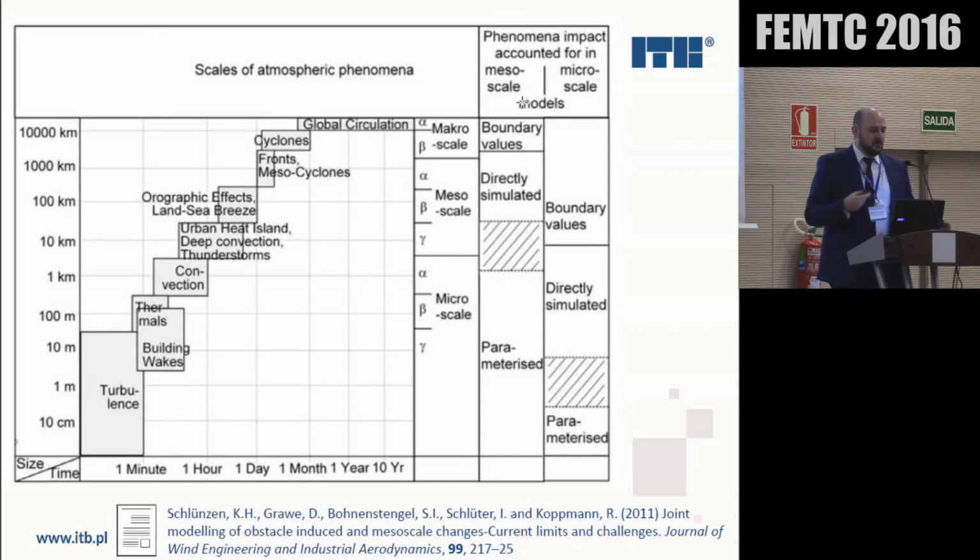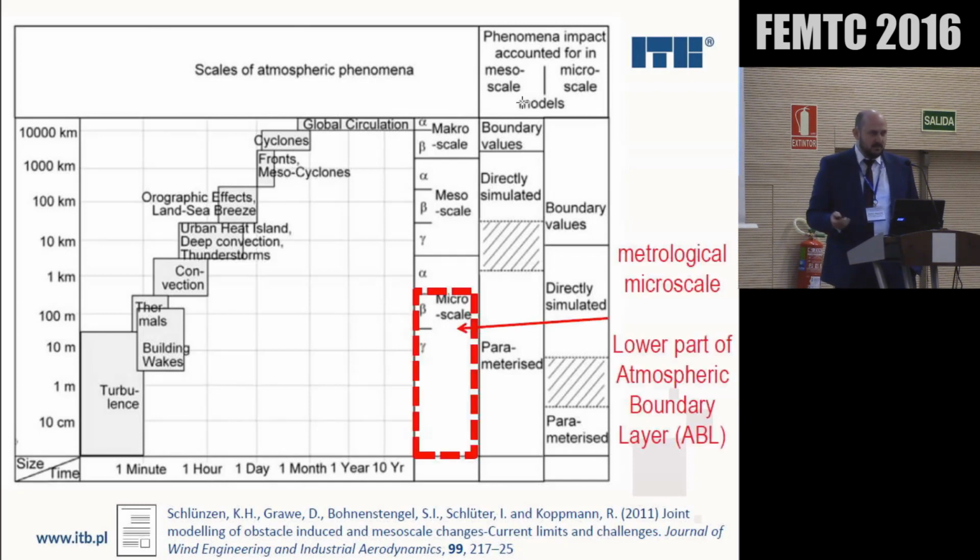To make it systematic, to show you where does it come from. Because the computational wind engineering deals with things from very small turbulent flows to simulating a whole planet and its movement around the globe. So where are we in this? First of all, we are in the lower part of the atmospheric boundary layer, although some of us try to escape that with super skyscrapers with great success, but most of us are in the meteorological microscale and lower part of the atmospheric boundary layer, which defines kinds of submodels we use for defining the wind as a boundary condition, the wind profile thing.